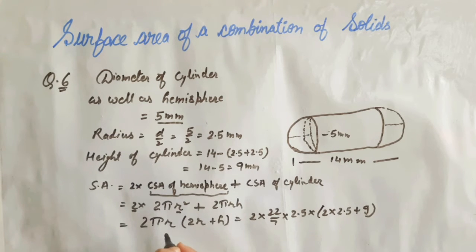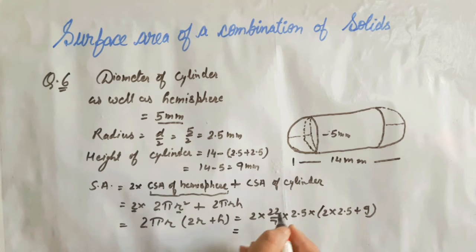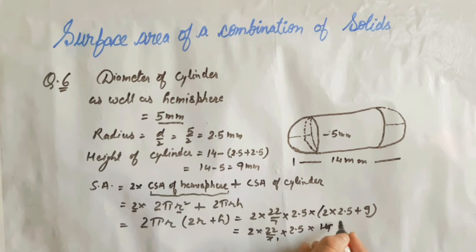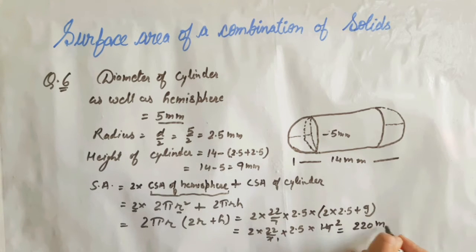So this will be equals to 2 multiplied by 22 upon 7 into 2.5 multiplied by 2.5 into 2 will be 5, and 9 plus 5 will be 14. So 7 ones are 7, 7 twos are 14, and 2.5 into 2 is 5, and 22 twos are 44. So 44 into 5 will be 220 millimeter square is your required answer.